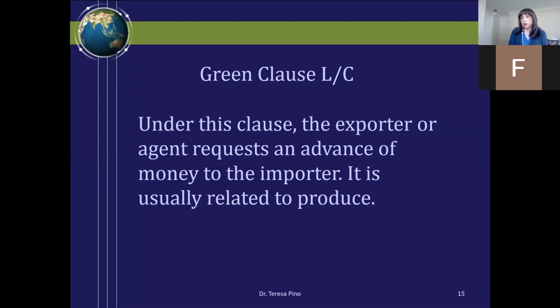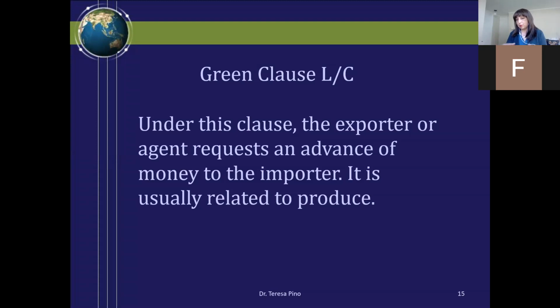So the exporter, let's suppose that you're exporting to Japan. Japan always requests very, very fancy and unique type of packaging that is not the typical packaging everybody uses. So you need additional money for that particular package. When that happens, you request an advance of money so you can have the packaging they request.